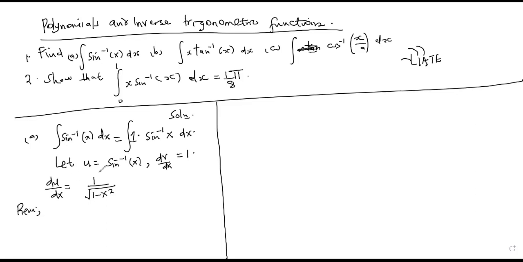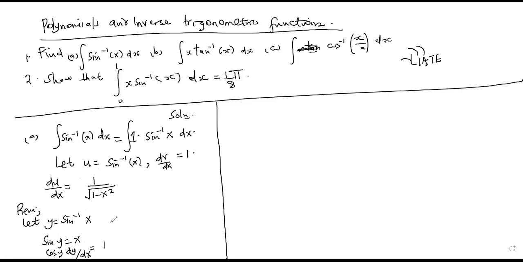But the reminder is that when you are differentiating sine inverse of x, let y equal sine inverse of x. It means that sine y is equal to x. When you differentiate both sides, you get cos y dy dx is equal to 1.